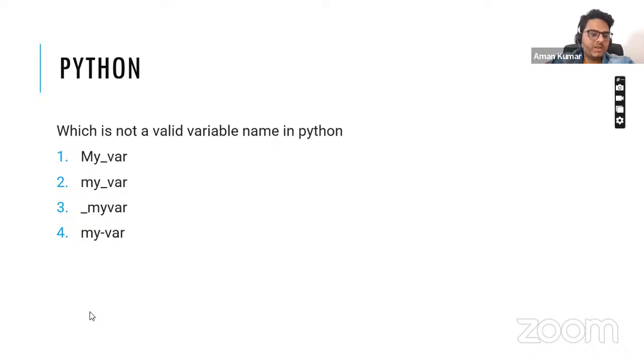Underscore in the beginning of a variable name is allowed. Yes, people are saying underscore is allowed. Okay, which means only my-variable with a hyphen is not a valid variable name in Python. The first and second are obviously valid, so no question on 1 and 2, right?